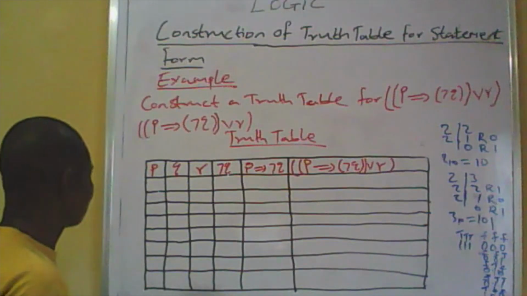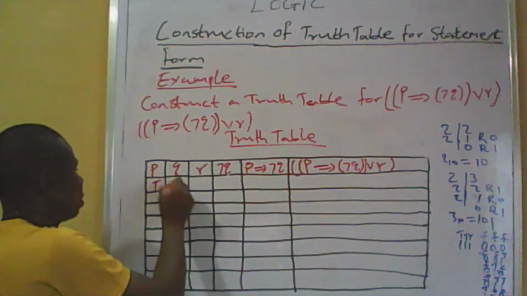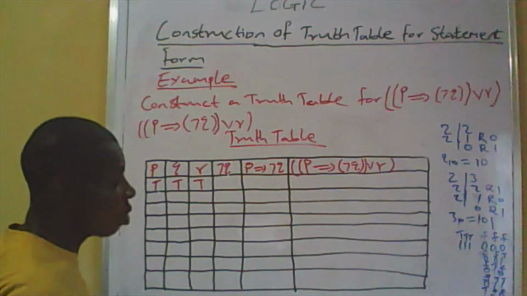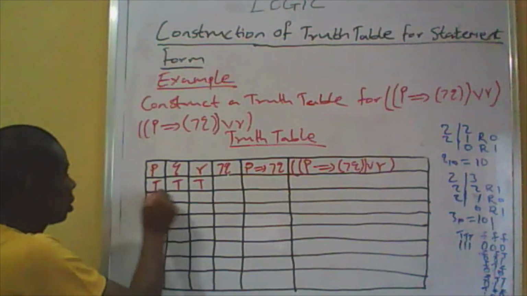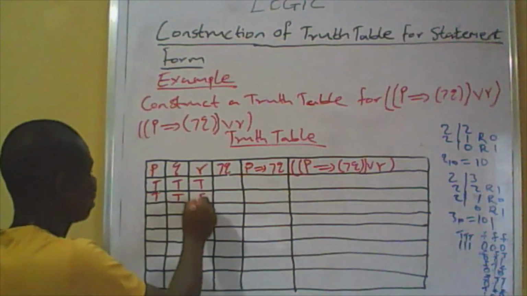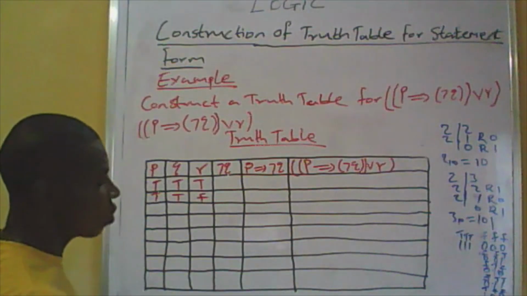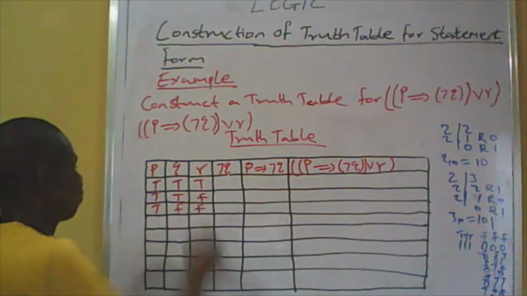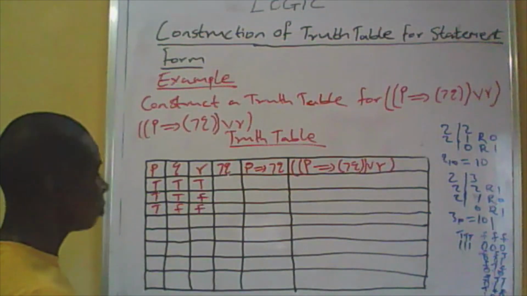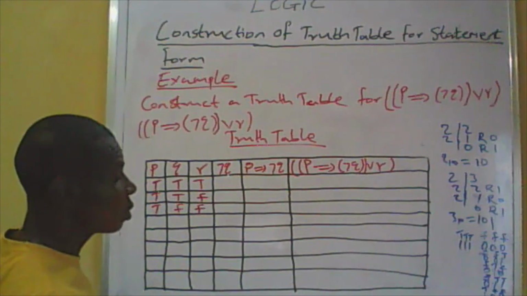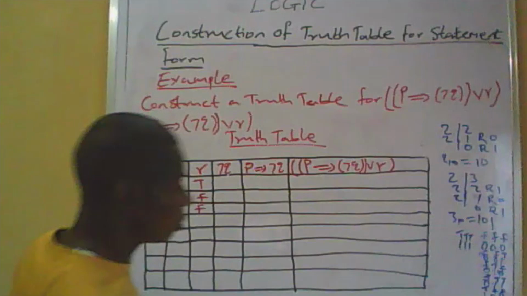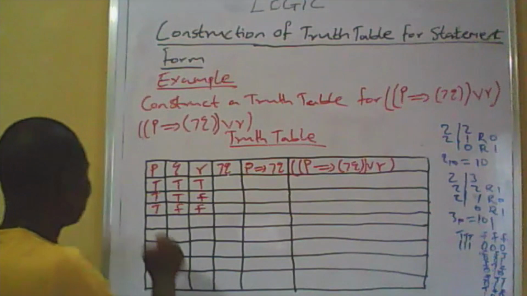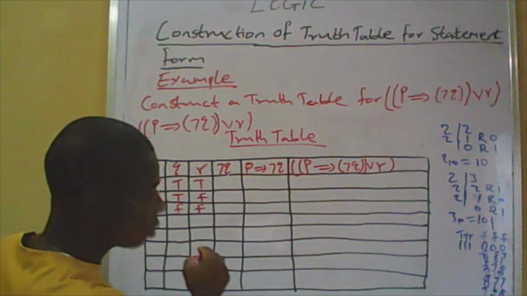It is T, T, T. Then the second one is 110, T, T, F. The next one is 100, that means T, F, F. The next one is what again? Okay, 011, that means F, T, T. Is it 011?